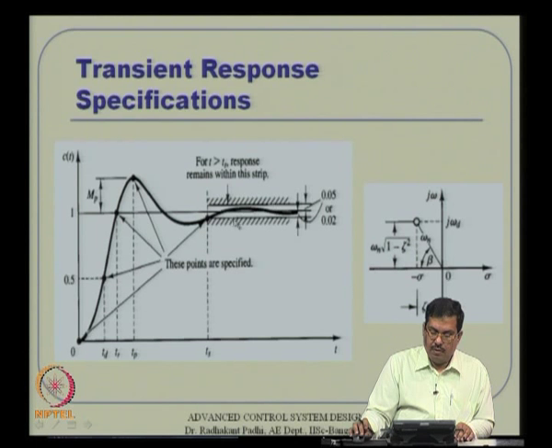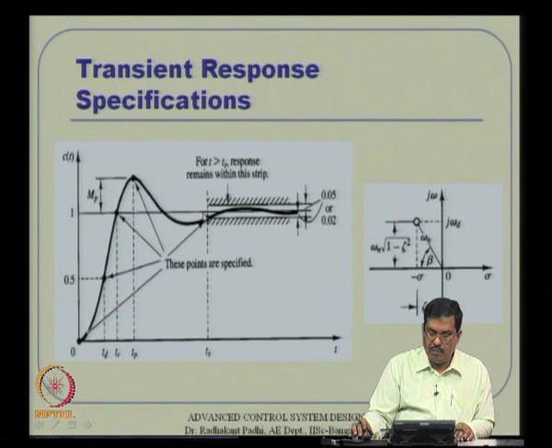Alright, so now we go on to further things, then we talk about rise time, peak time, settling time, all that I think we discussed last class. For example, settling time is something like, if you see the response closely, once it enters this 2% condition or 5% condition, whatever you take as your condition, then it should not come out of that. So it should stay within that bound.